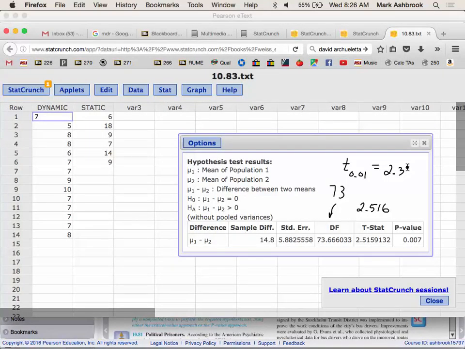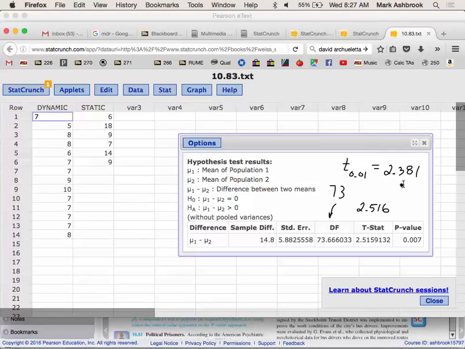And what was 60, if you go up? 60 is 2.390.